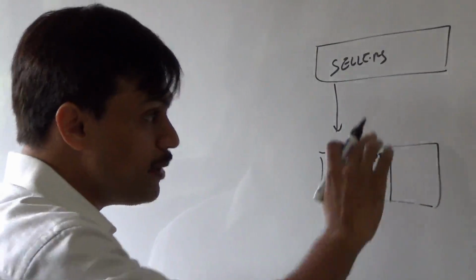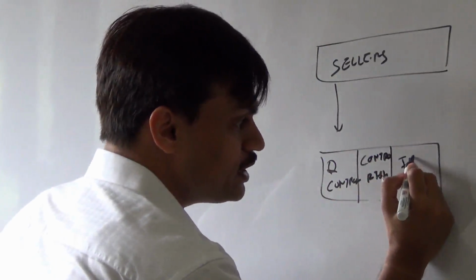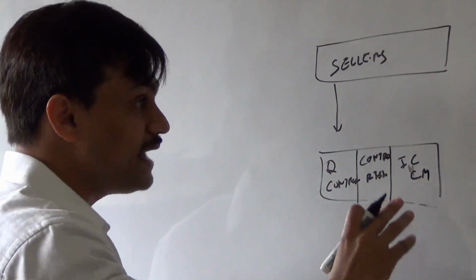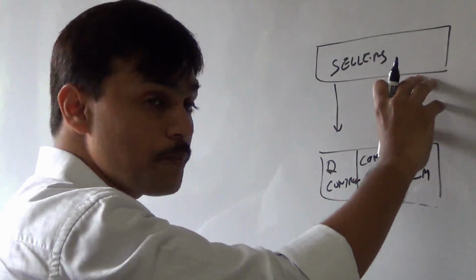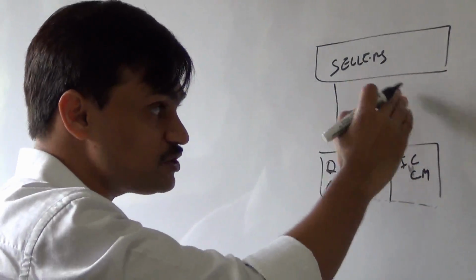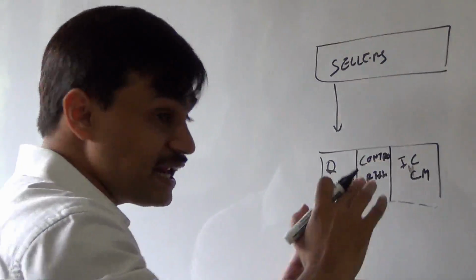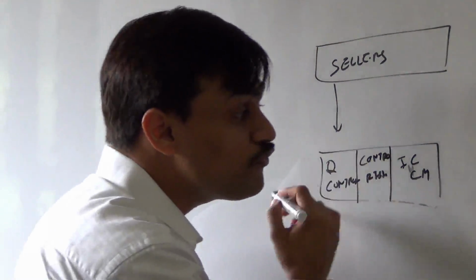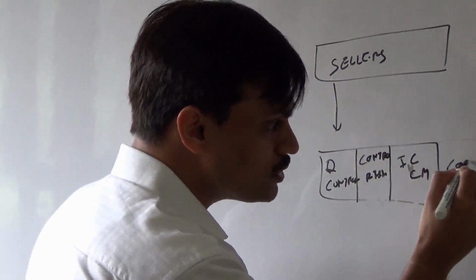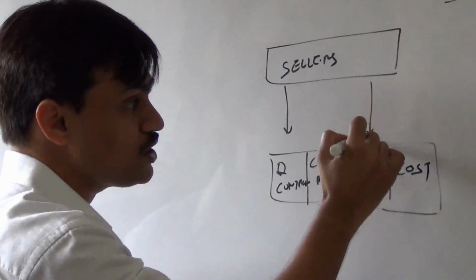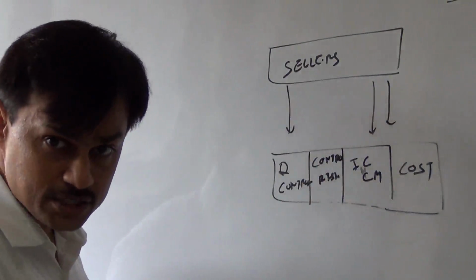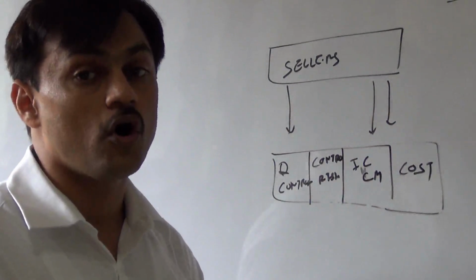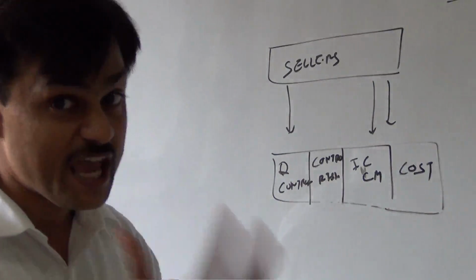You, the buyer, may also be performing integrated change control to ensure that whatever changes we are making in our procurement process or in the specification we are getting from the seller are integrated with the overall project vision. You may also be controlling cost on the basis of the information or status details provided by the sellers, especially if you are dealing in cost reimbursable or time and material types of contracts.